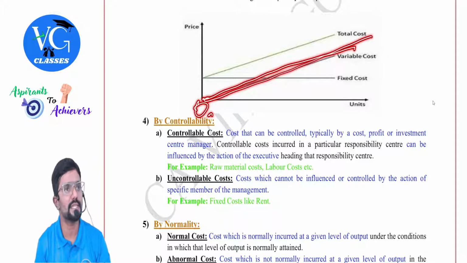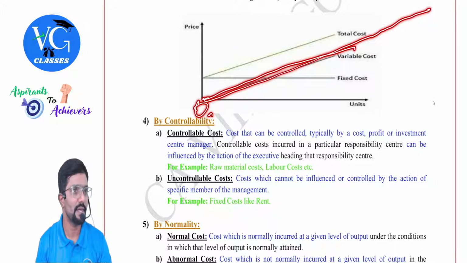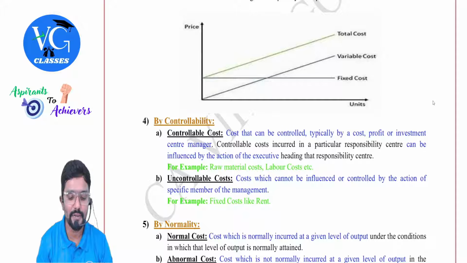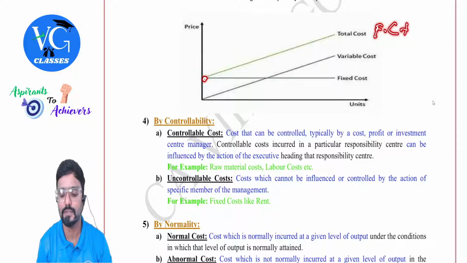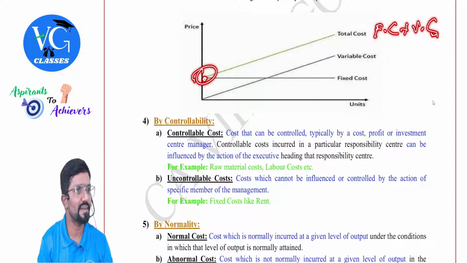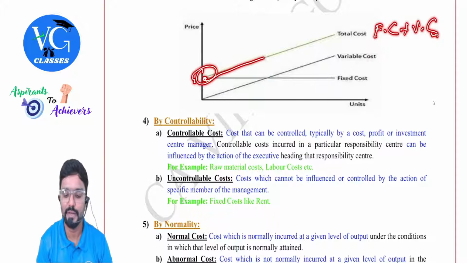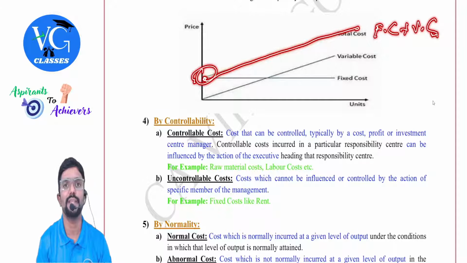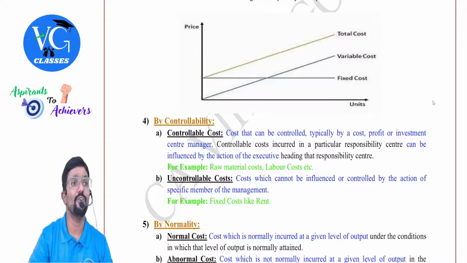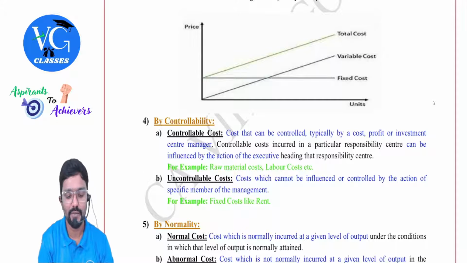As the production increases, variable cost keeps on increasing. Clear? Whereas total cost will start from here, because total cost means fixed cost plus variable cost. Minimum fixed cost will be there, no? So that is why it will start from here, and from there it will add the variable portion. The higher the number of units you produce, the higher will be the total cost. Is that clear? And if you ask me, sir, how will the semi-variable look? It will be like this.